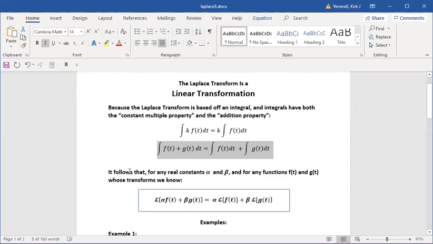Now, because integration works in that linear sort of fashion, and because the Laplace transform is defined as an integral, that means that the Laplace transform also has those same linear transformation properties that the integral itself had.